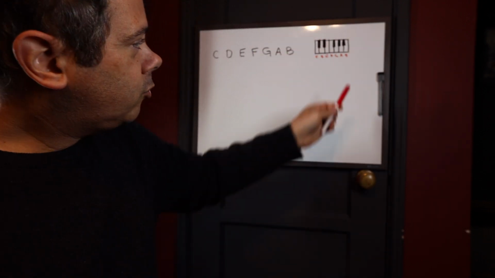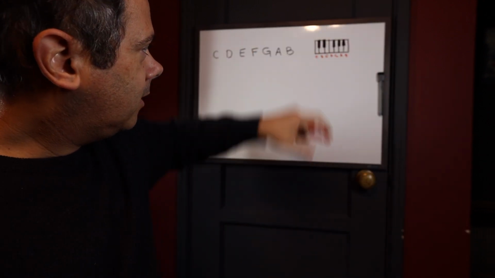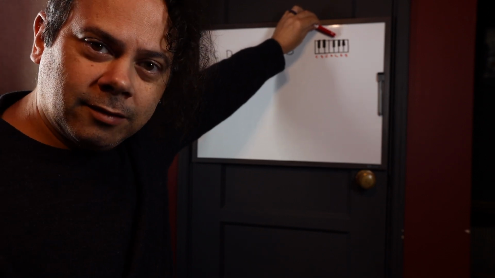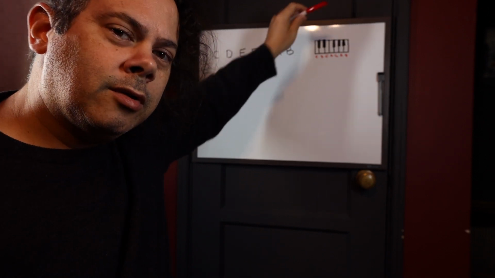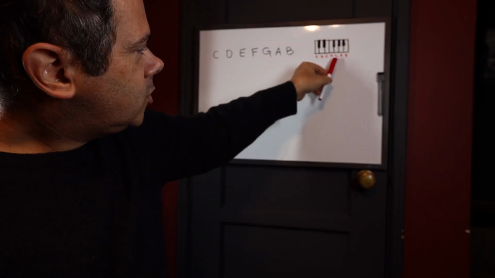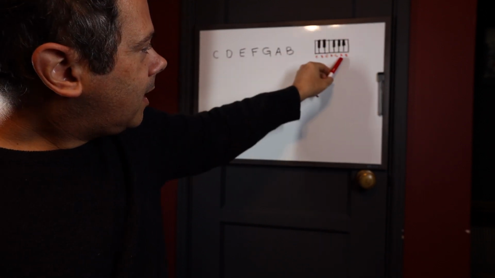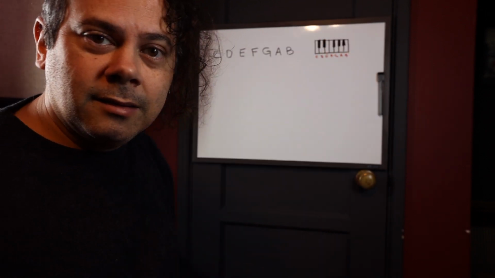So the distance between E and F is just a half step. We don't have that interval in between. From F to G, we have an interval in here, which is the F sharp or G flat. Between G and A, the same, G sharp or A flat. Between A and B, A sharp or B flat, sorry.